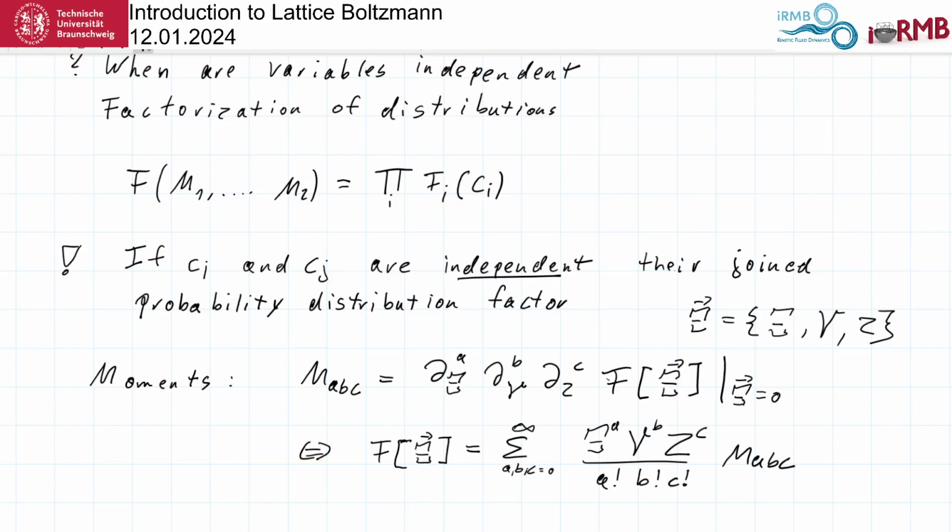Because what we do by this transformation is just developing the distribution in a series expansion. So the distribution is developed from a series of the moments, or the moments are actually the coefficients of a series expansion of the distribution.